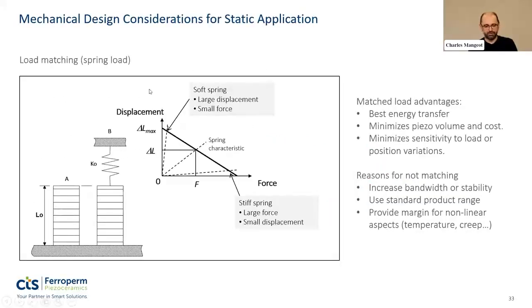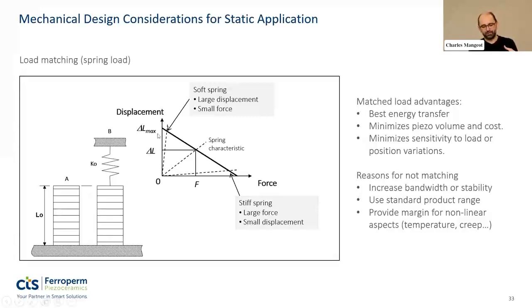One last thing that I still have time to cover today is the load matching principle. We've talked about force and displacement, and I mentioned that you always get a combination of force and displacement, unless you have a constant load. With a spring load, you get a combination.